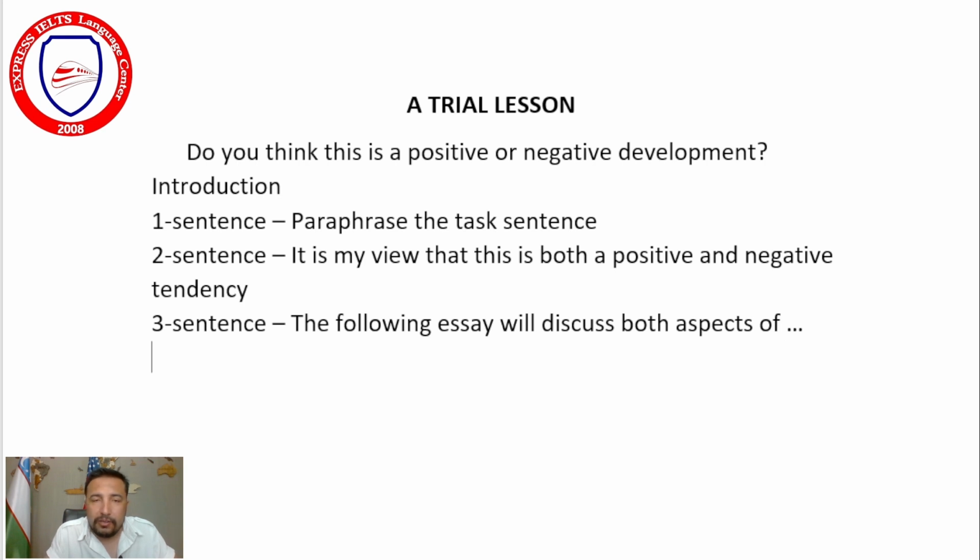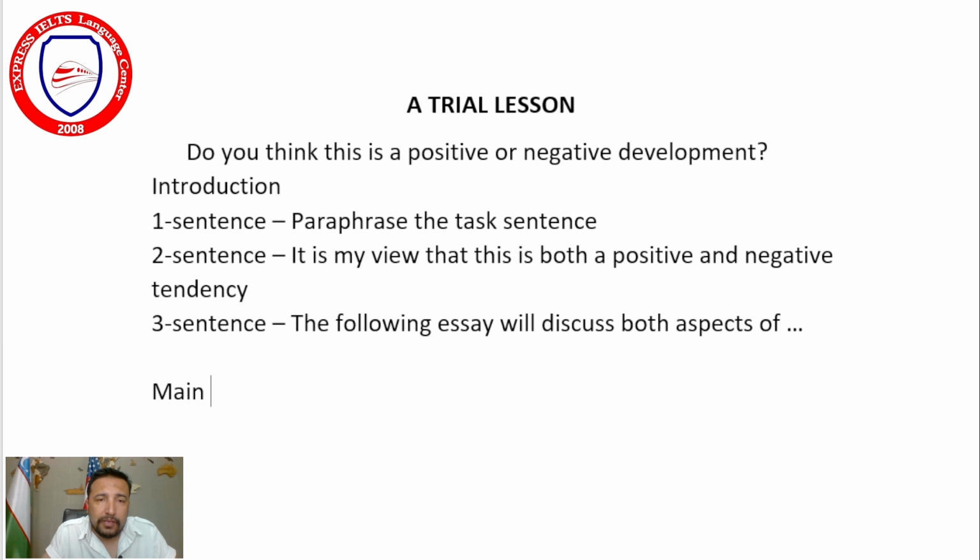Okay, this is the introduction. Firstly, you need to paraphrase the task sentence. Then you should answer the question: do you think it is a positive or negative tendency? Maybe both. Because if you understand that there are both sides, you can say it is my view that this is both a positive and negative tendency.